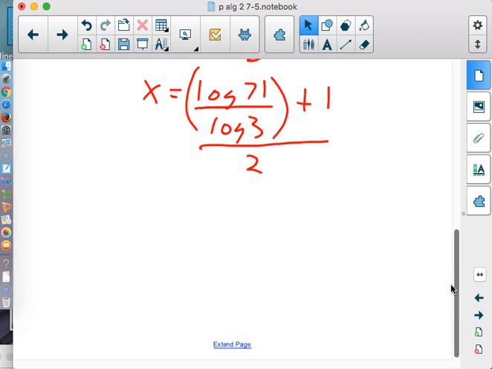I always do it in steps. I don't like using all kinds of parentheses to group stuff together. So I would definitely do my log of 71, finish off the parentheses. Divide by the log of 3, finishing off the parentheses. Add 1, and then divide by 2. So 2.4400, because we go 4 decimal places with logarithms.